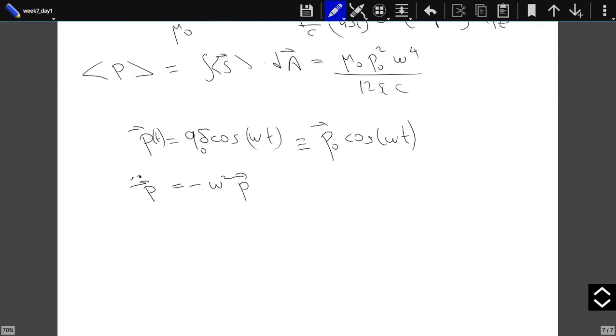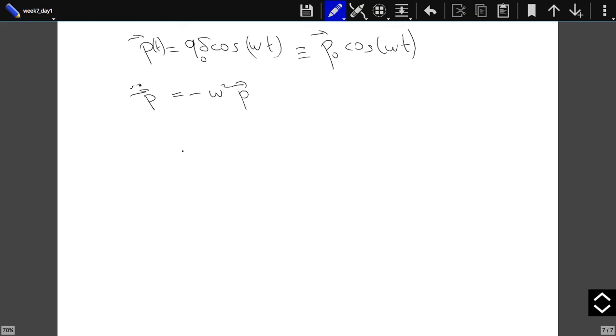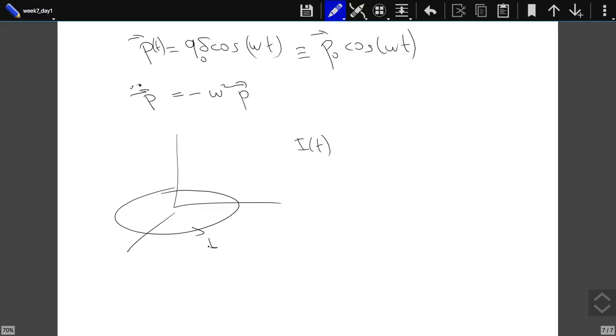I will not go into the details of the magnetic dipole radiation, but let's just imagine a ring, and the current will be time dependent in this ring. Let's say this is my I, positive direction.